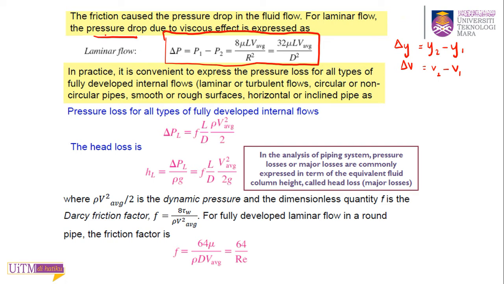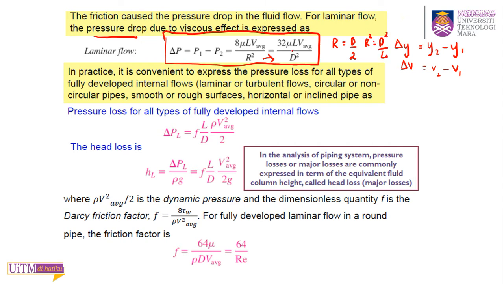So we already mentioned pressure drop. To calculate the pressure drop in laminar flow, you can just use this equation: 8 times mu times the length of the pipe times the average velocity of the flow, divided by the radius of the pipe squared. You can change this in terms of diameter because the radius is d over 2, so r squared is d squared over 4.